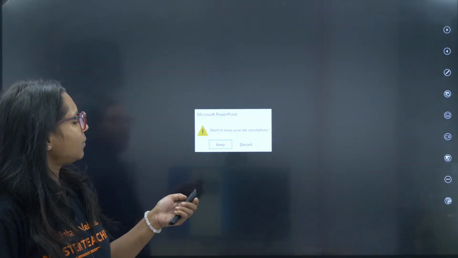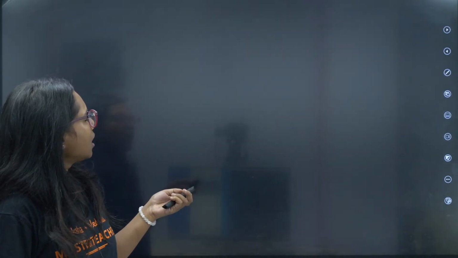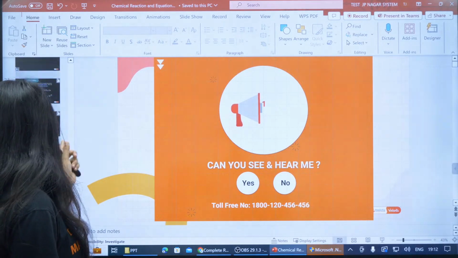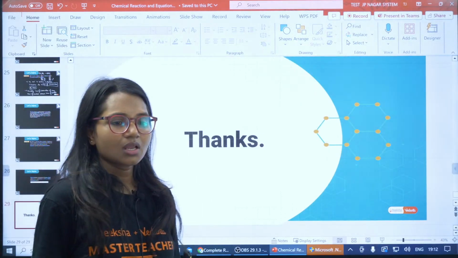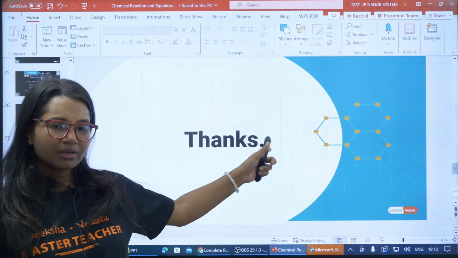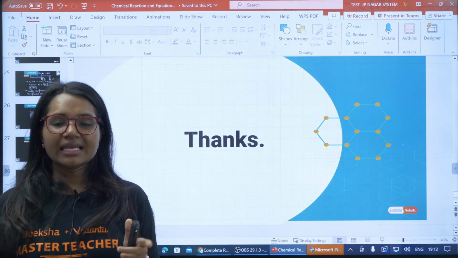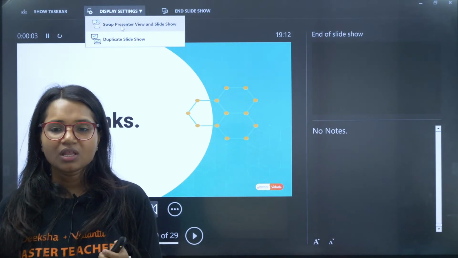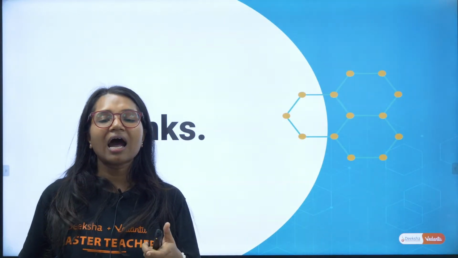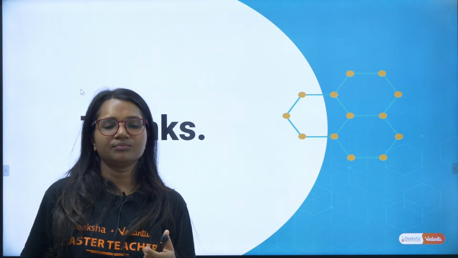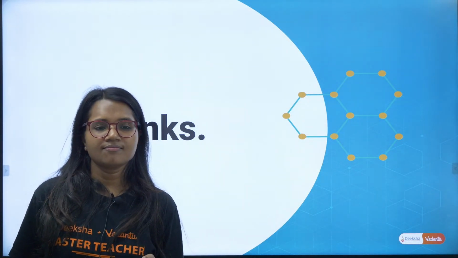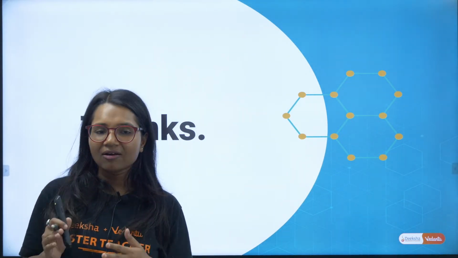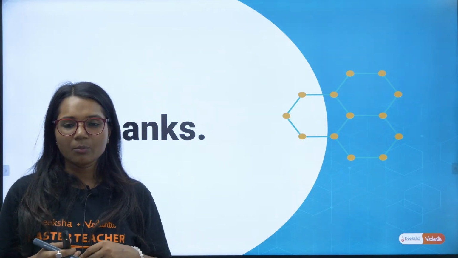Now you have to tell me which chapter you want in the next class. Tell me guys, in the next class which chapter you want. I am thinking of taking carbon and its compounds.